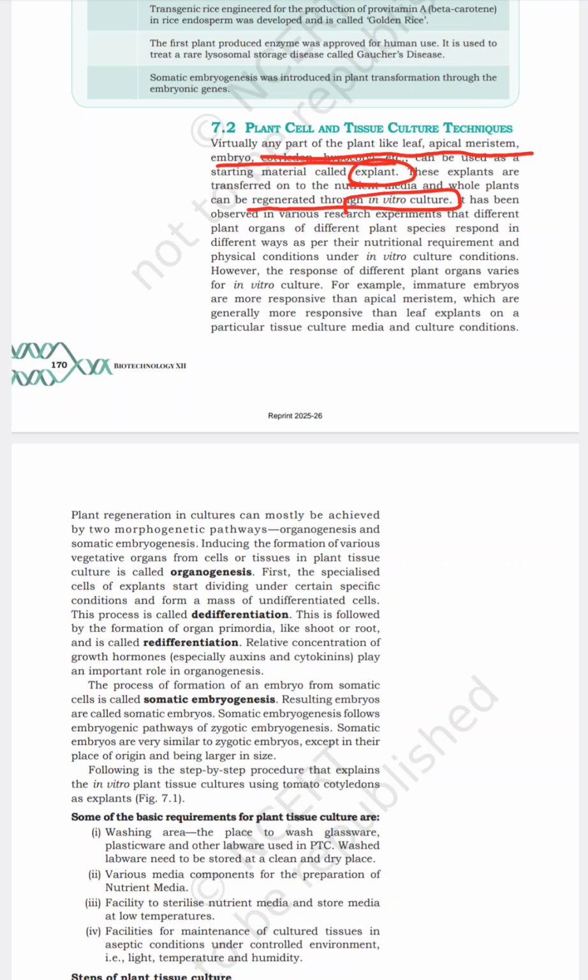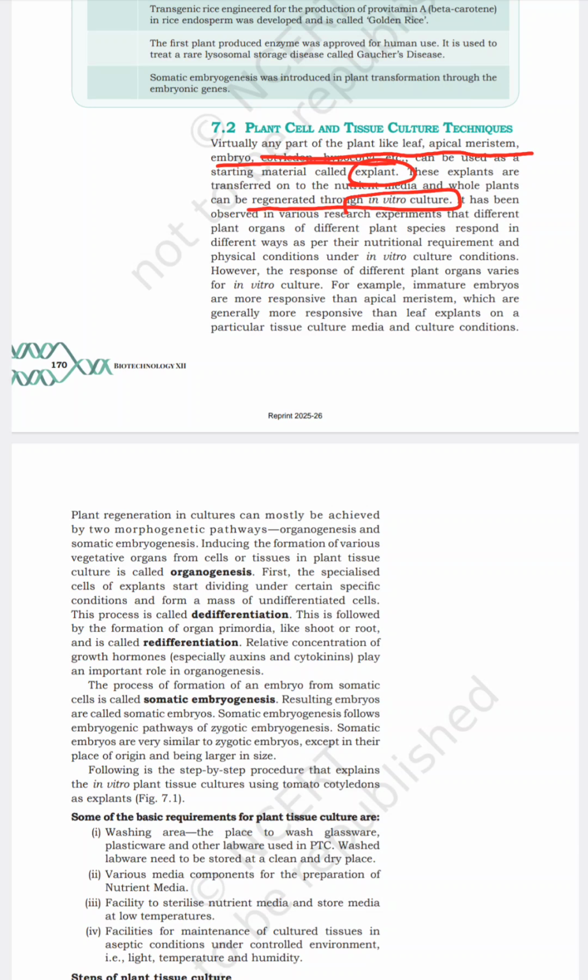It is observed in various research experiments that different plant organs of different species respond differently to in vitro culture conditions. Any part of the plant, like a leaf, may respond differently from the apical meristem.